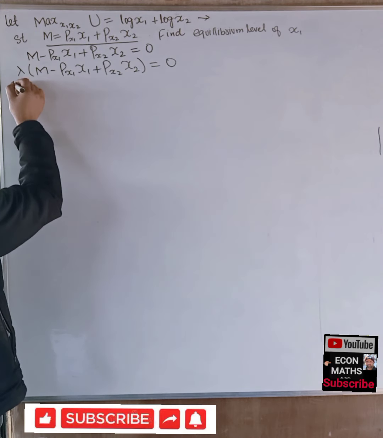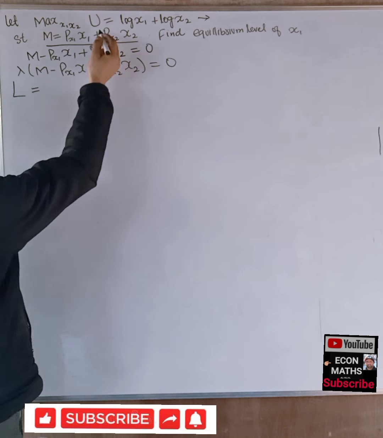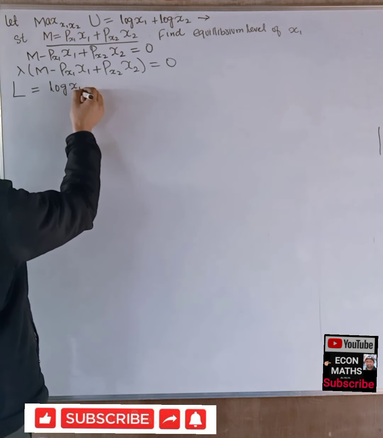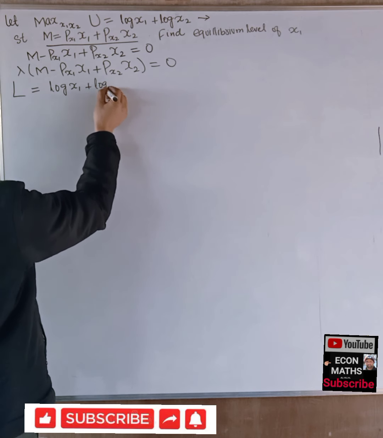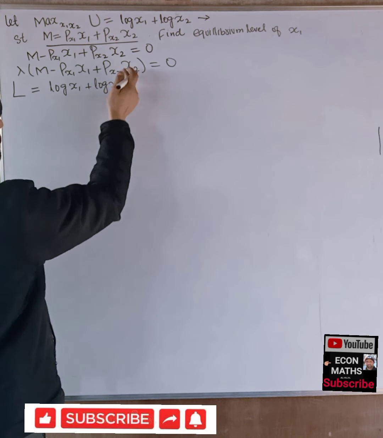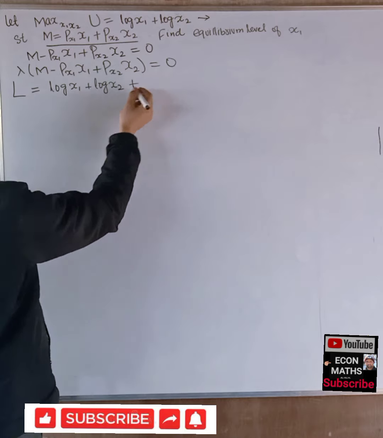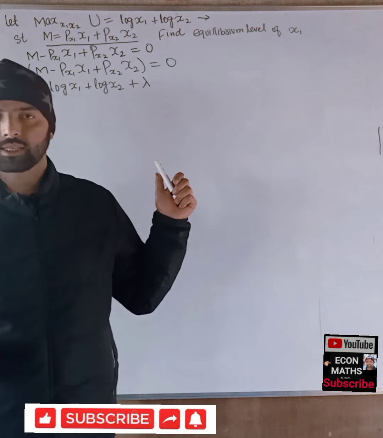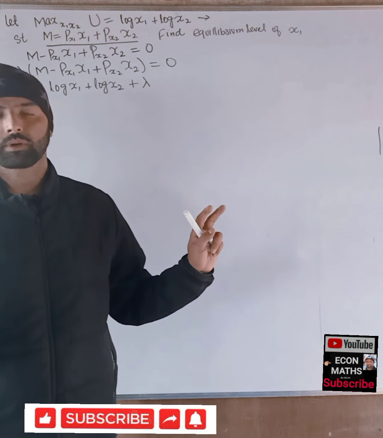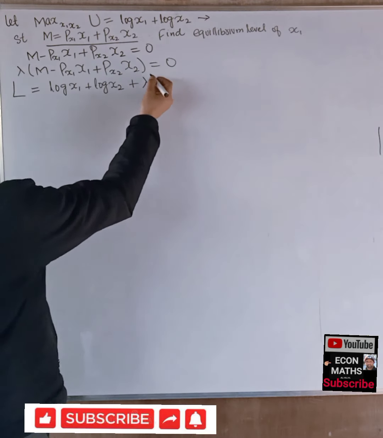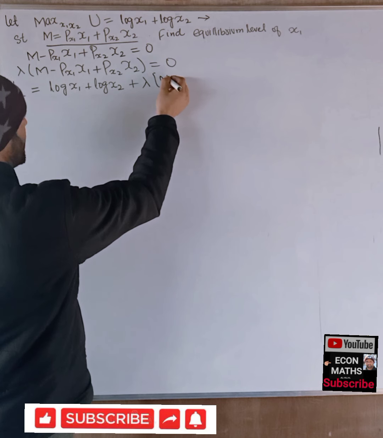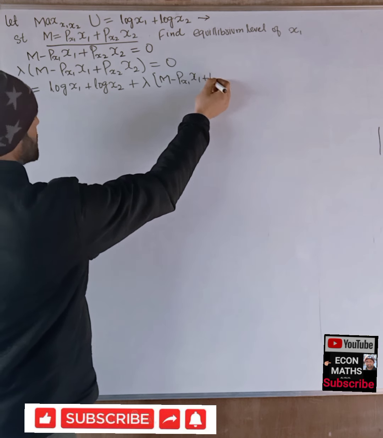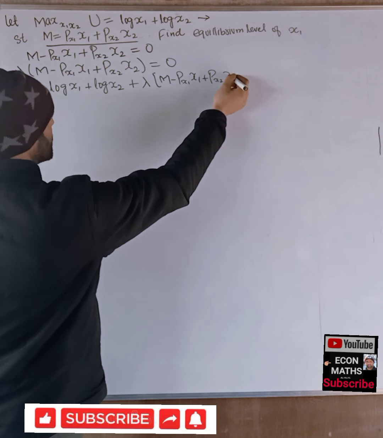We denote this by L. Let us write this function log of x1 plus log of x2, and to this we add the resulting constraint function, which is formed by setting the constraint equal to 0 and multiplying it by lambda. So this will become lambda times m minus p x1 times x1 minus p x2 times x2.